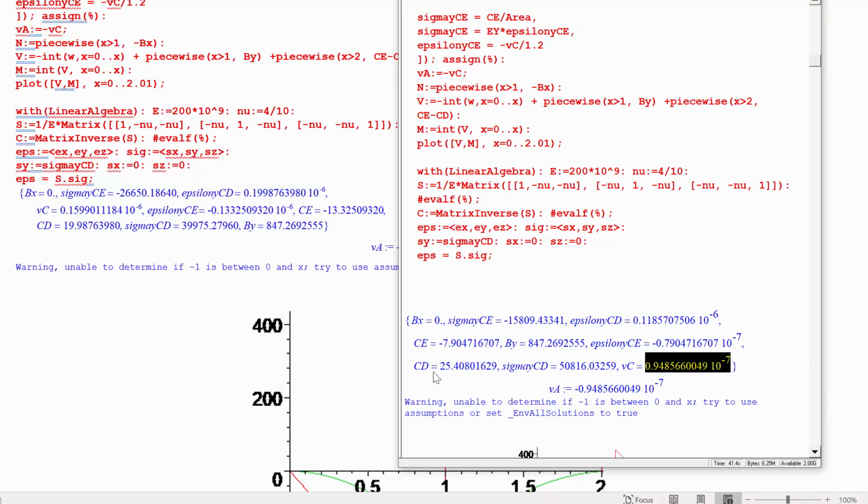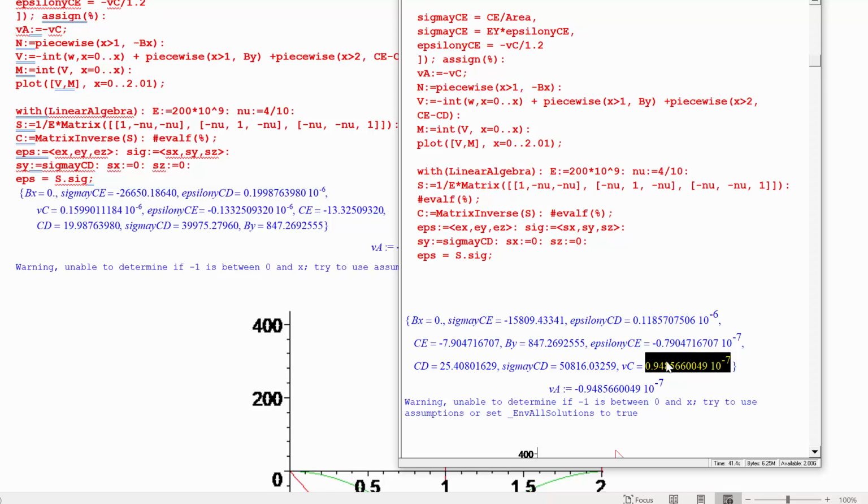This means with the stiffness of CE not changing, the stress in CE and the force that it's putting out has to be a lot lower, almost half as much as it was earlier. CD, though, has to take up the rest of it. So the same amount that this reduced by, this has to increase by to have all of the rest of the static stuff be the same.